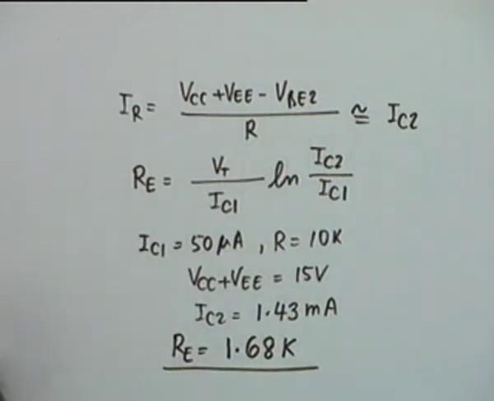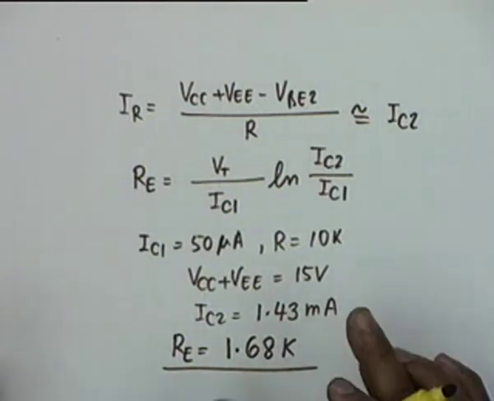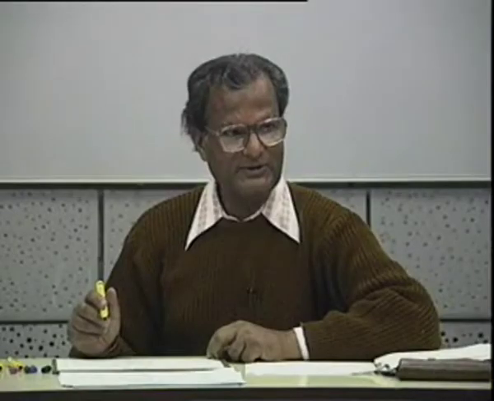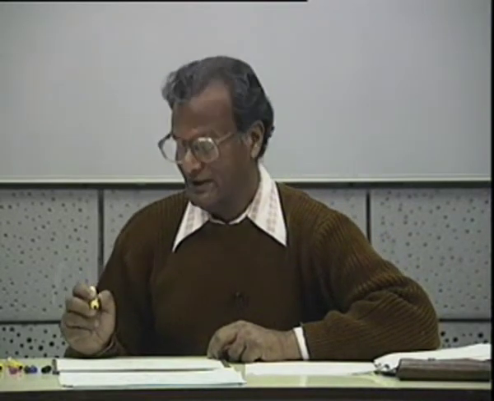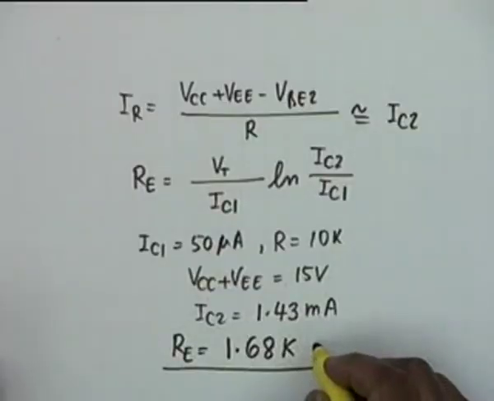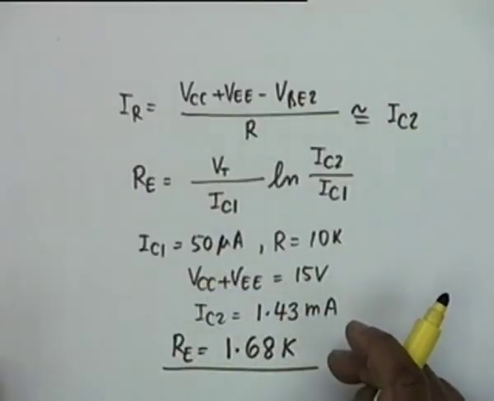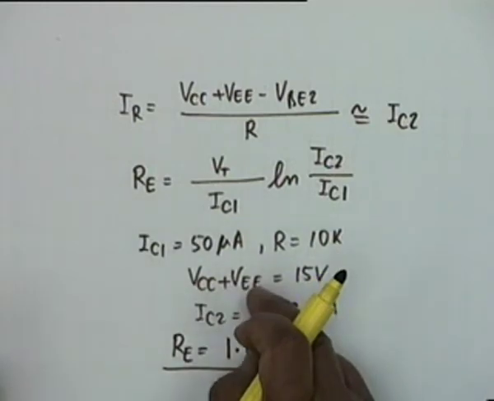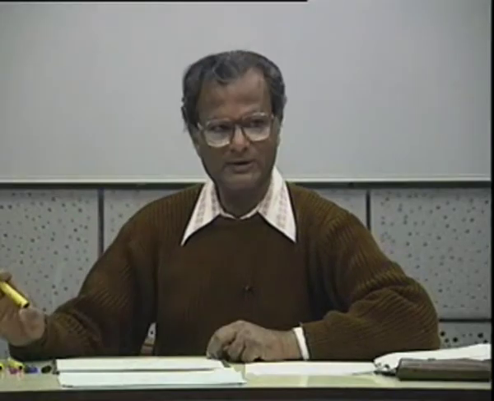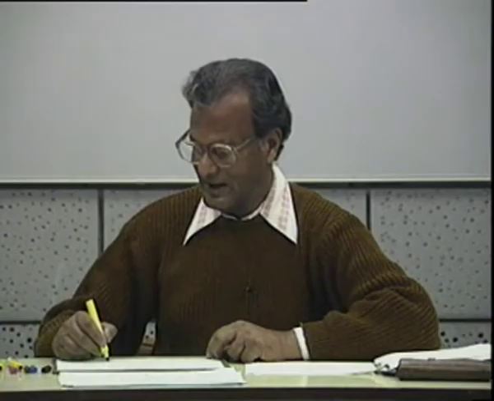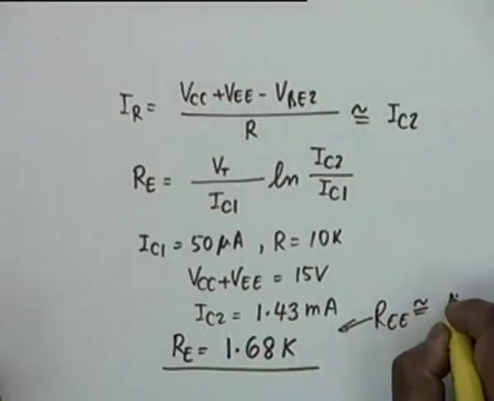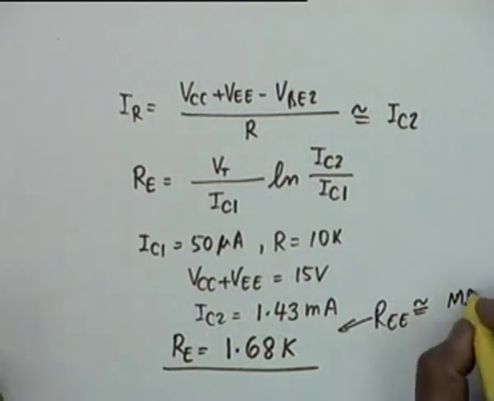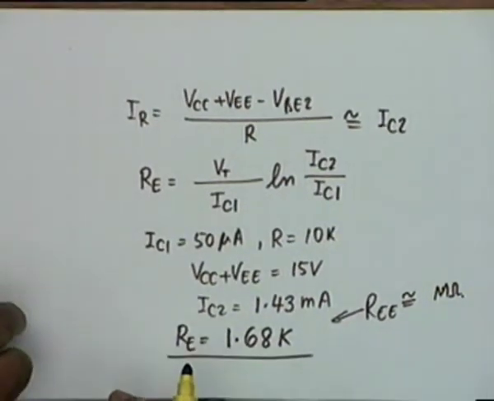We shall show that with these values the effective REE that can be generated is of the order of a meg. Even with RE equal to 1.68K, a small resistance, and VCC plus VEE combined not exceeding 15 volts, the effective REE generated is of the order of a meg. Let's see how this comes about.